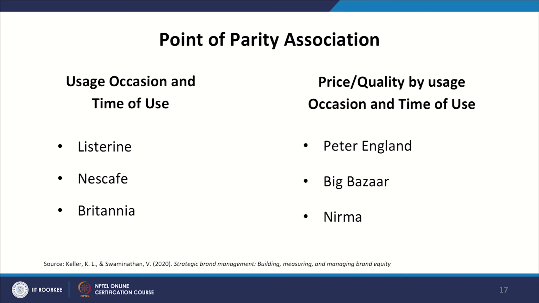And then usage, occasion and time of use also is an element, and on the other side, price quality. Usage, occasion and time of use can be an element of discussion, wherein Listerine, Nescafe, Britannia, and on the other side Peter England, Big Bazaar, Nirma, wherein price quality can be the context of discussion.